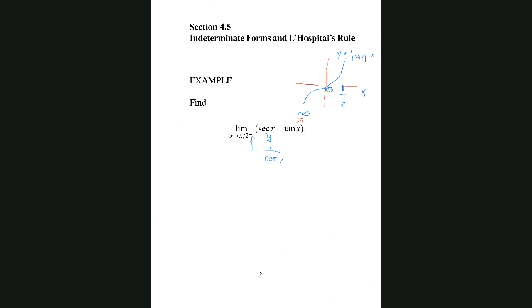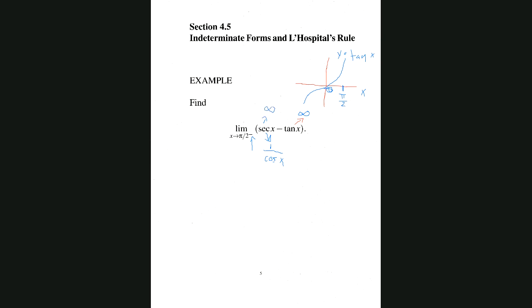So what does the cosine approach as x approaches 90 degrees? What is the cosine of pi over 2? Zero. That's right, Colomb. So the secant of x is approaching 1 over 0, so the secant of x is approaching infinity.